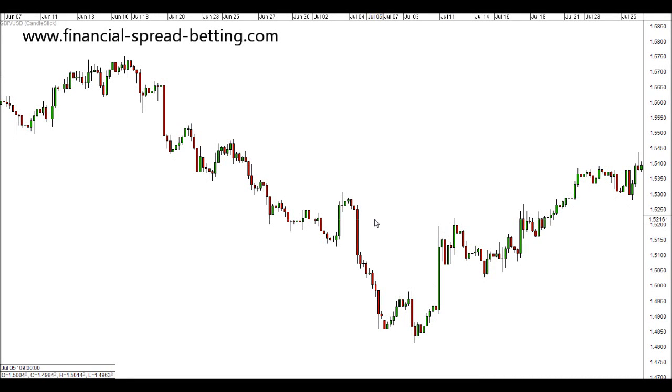I'm now going to demonstrate Elliott wave theory. Elliott wave theory gets its name from Ralph Nelson Elliott and a book he published entitled The Wave Principle.